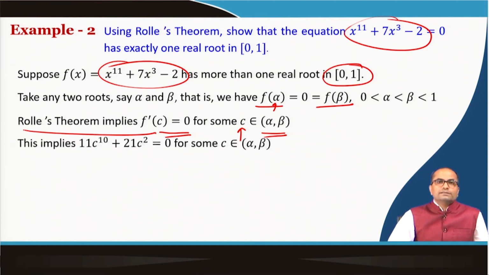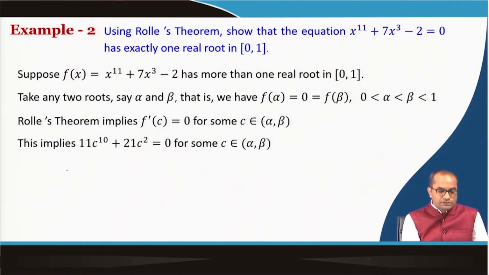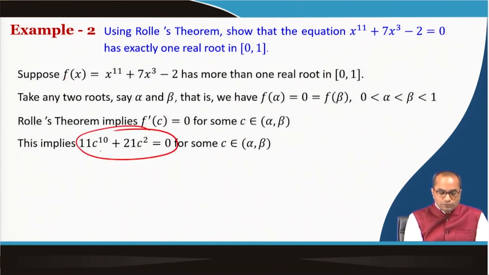And now, as a conclusion of Rolle's theorem, the derivative must vanish at this point. So, what is the derivative of this function? The derivative is 11c^10 plus 21c^2, that is all, and as per the conclusion this has to be 0. So, this value has to be 0 for some c, and c is greater than 0 and less than 1.